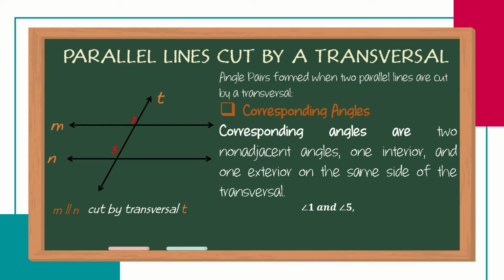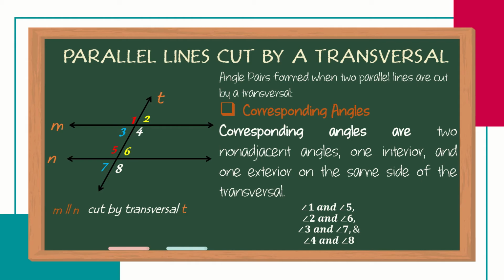These are angle 1 and angle 5, angle 2 and angle 6, angle 3 and angle 7, and angle 4 and angle 8. As you can see on our first pair, angle 1 and angle 5, angle 1 is an exterior angle and angle 5 is an interior angle, and they both lie on the same side of the transversal.